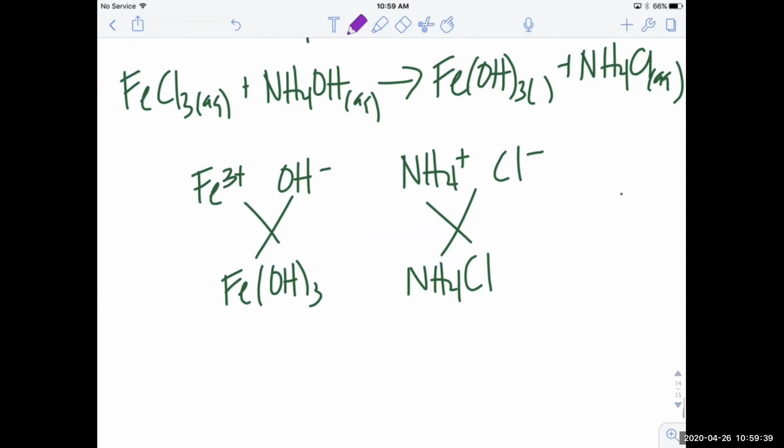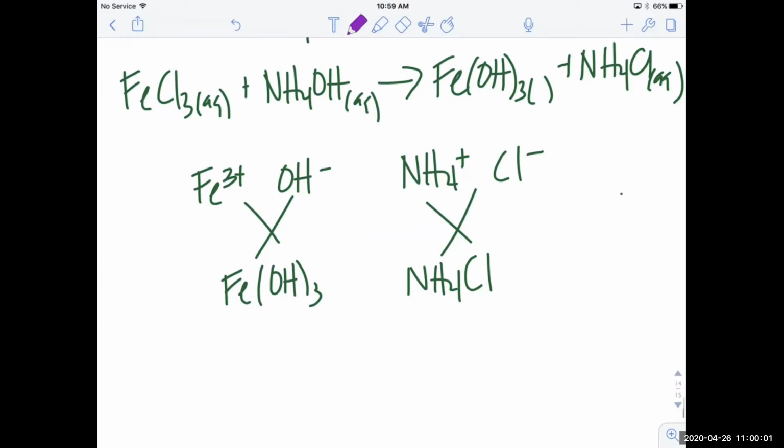However, we have to do one more step before we can write out our total ionic. We have to put this back into NH3 and water. And it's really important that we do that. And so let's just go ahead and try and balance this. So this needs to be a 3 over here, making it that this needs to be a 3 here.